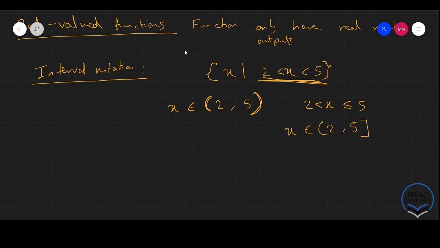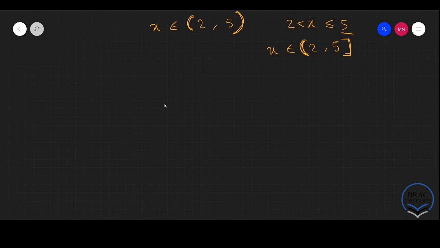So if a number is included in the set, such as 5, we use a square bracket. If it is not included, such as 2, then we use a parenthesis, right?